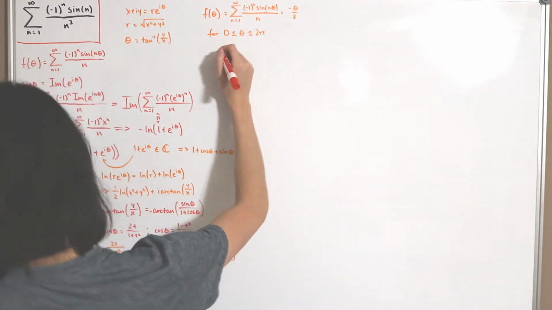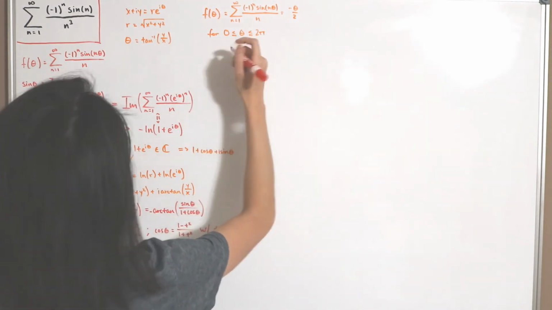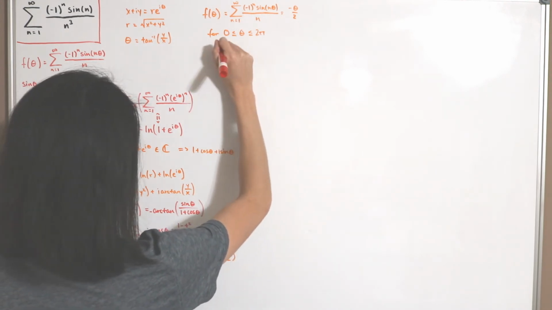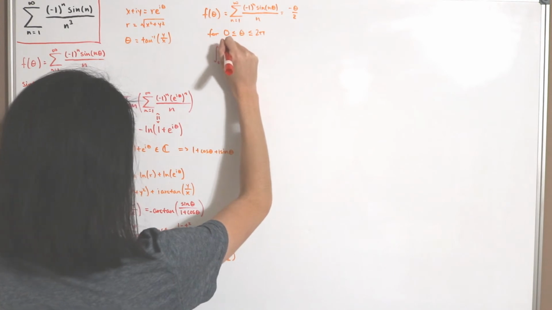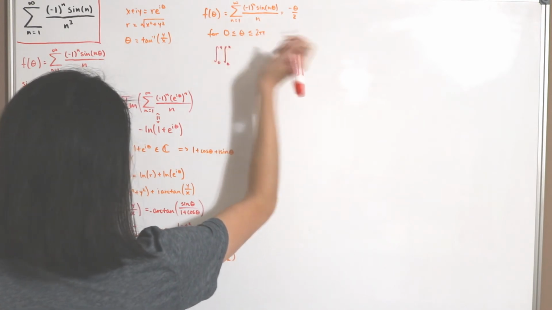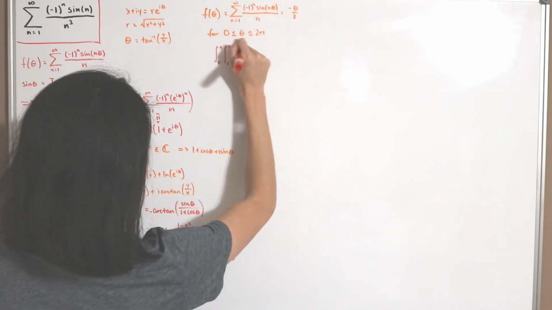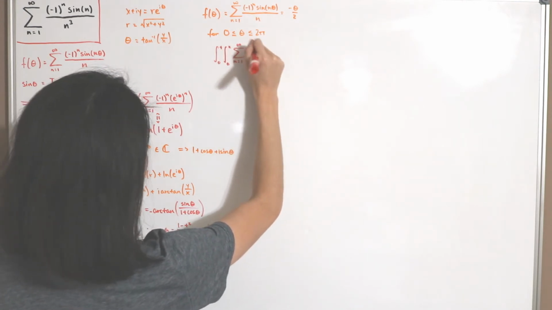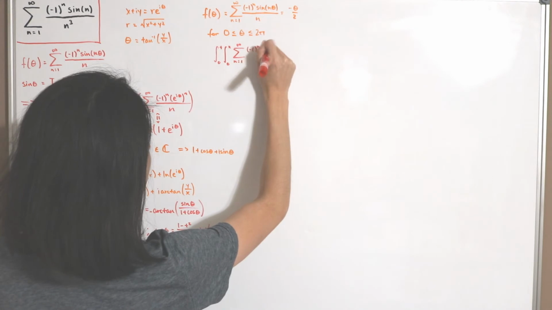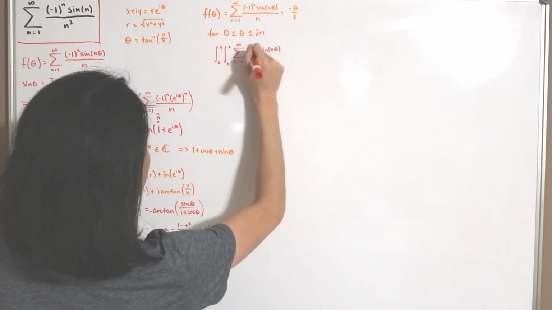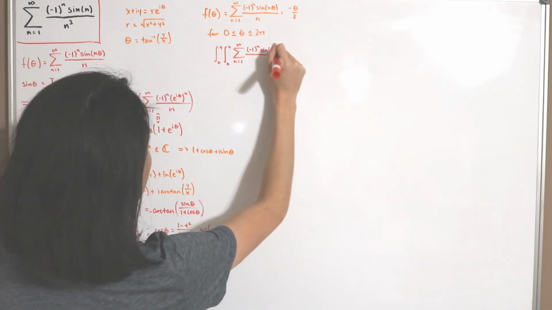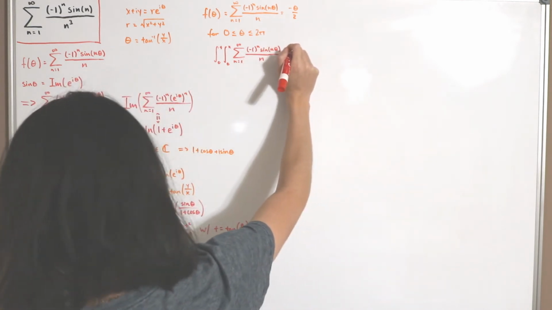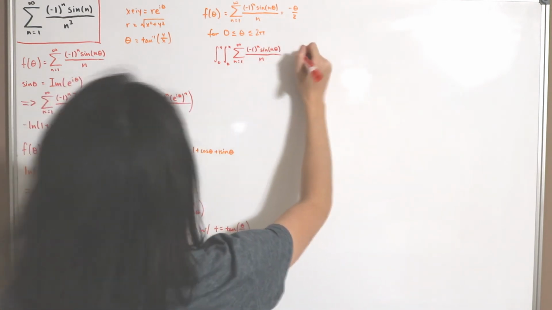Let's integrate this twice. So this means we're going to integrate using a double integral. This is going to be from 0 to t, and then from 0 to x, of our infinite series, negative 1 to the n, sine n theta divided by n, integrating d theta dx.